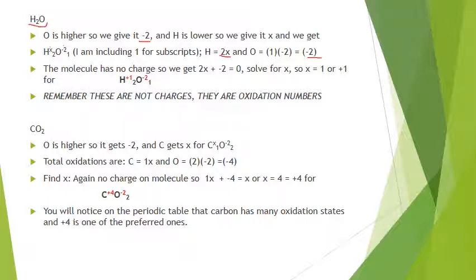So what we have is 2x plus -2 equals 0. And when you solve for x, x equals 1, or plus 1. And notice that the oxidation number of hydrogen is what you would expect, plus 1. Okay, hydrogen almost in all cases is going to be plus 1. I've seen it sometimes as -1.